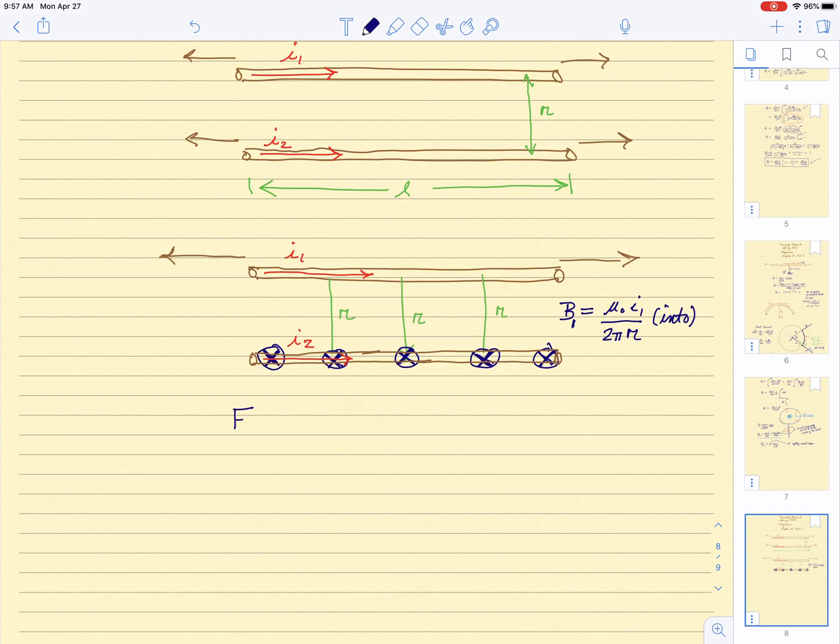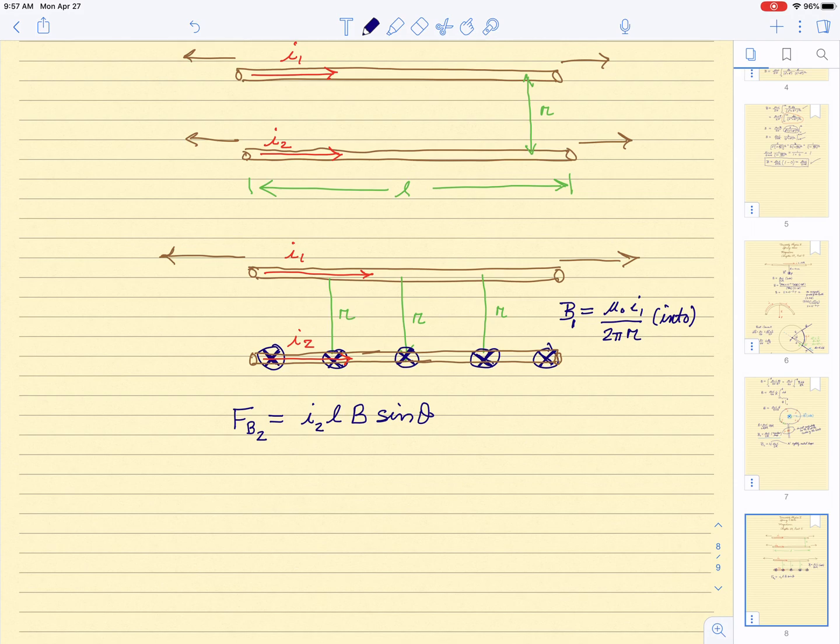As a matter of fact, we know what that is. So the magnetic force on wire 2 is going to be equal to I L B sine of theta. But we got to be really careful here now. So what I is this? This is the current through wire 2, so that's I2.